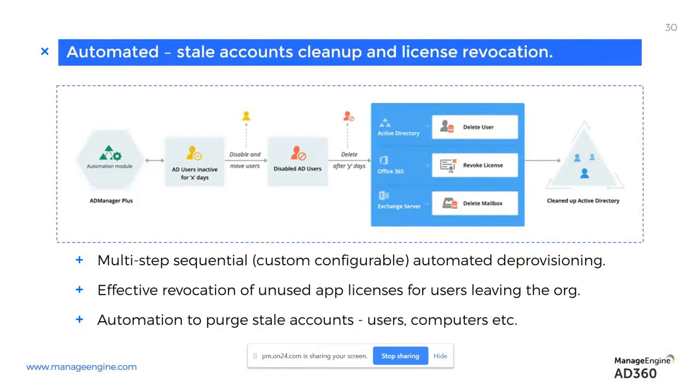So we're talking about a multi-step sequential deprovisioning that effectively revokes not just permissions, also licenses, also any potential backdoor accesses, forwardings that are set, and purges all these inactive accounts. So you should just be receiving reports saying there were these many inactive accounts, they got purged. There were these many accesses, they got removed. That's the kind of system that you should be building for your identity infrastructure.